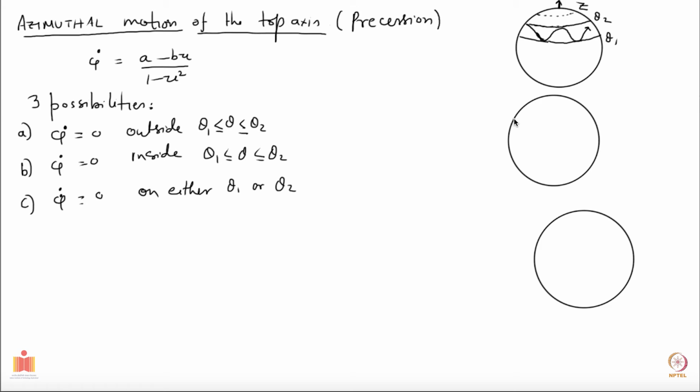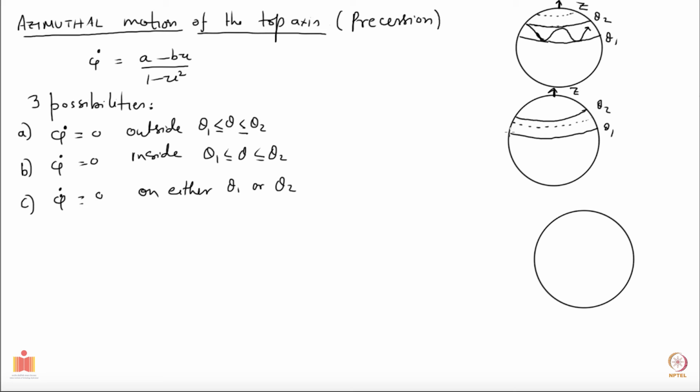Let me first draw. This is my z. This is the theta 1 and theta 2 region, and I'm saying somewhere here I have a solution of phi dot equal to 0. Let's say I start like this.